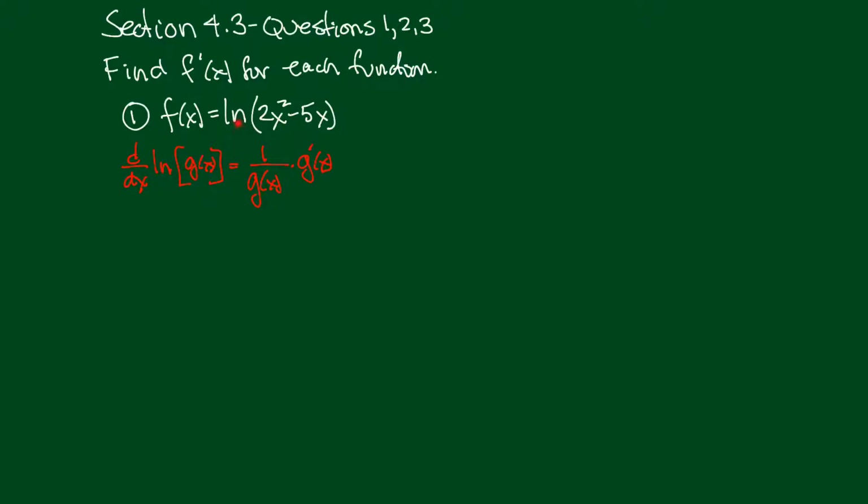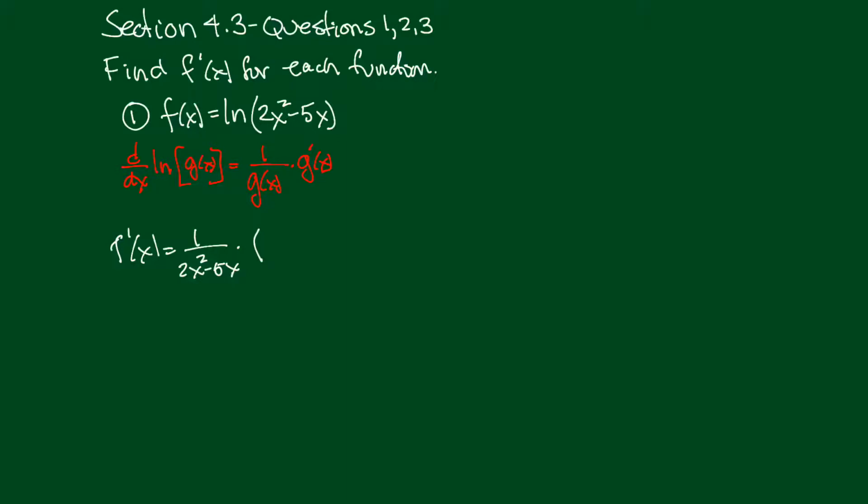The derivative, so f prime of x, is going to be 1 over the inside, which is 2x squared minus 5x, times the derivative of the inside, right? Here's 1 over the inside, times the derivative of the inside.